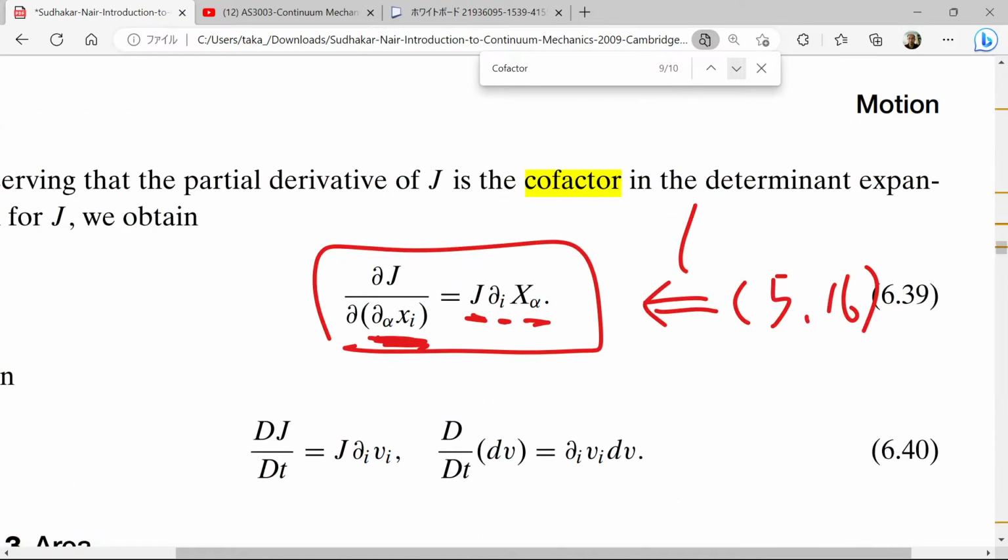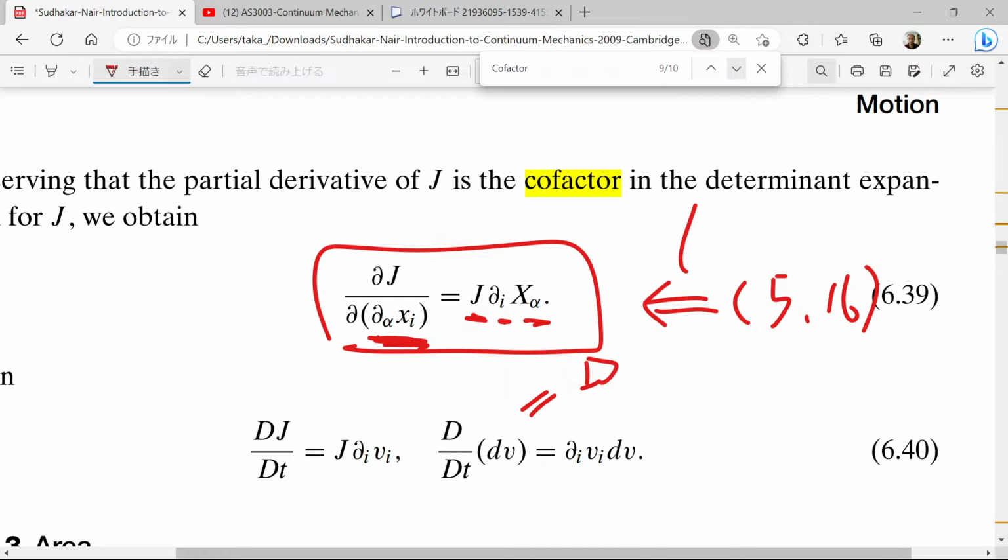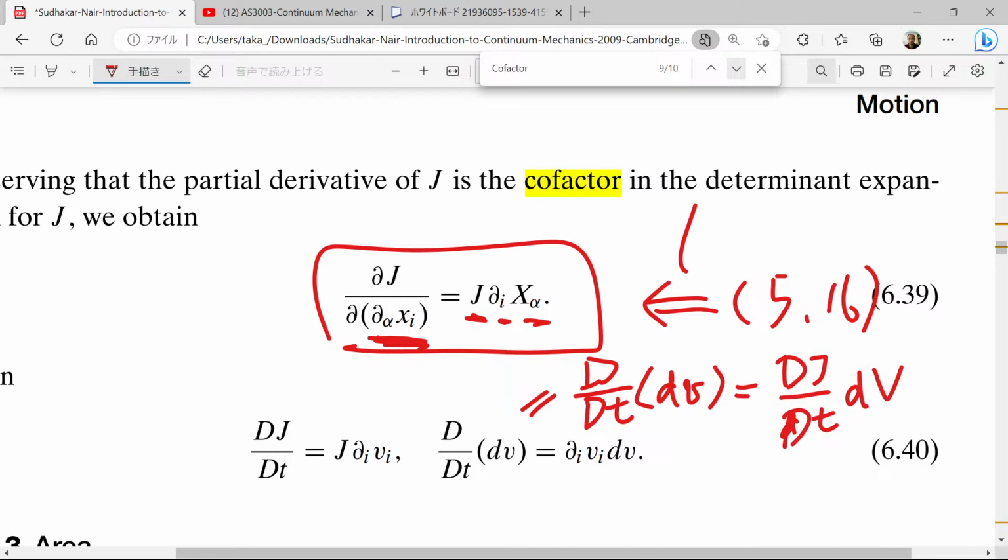Here, see, this one is d/dt of dV, which was dJ/dt dV.